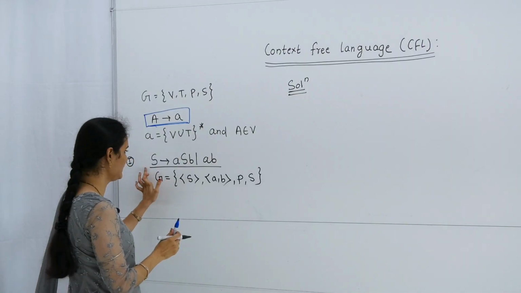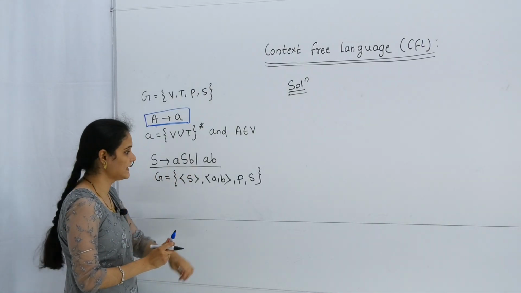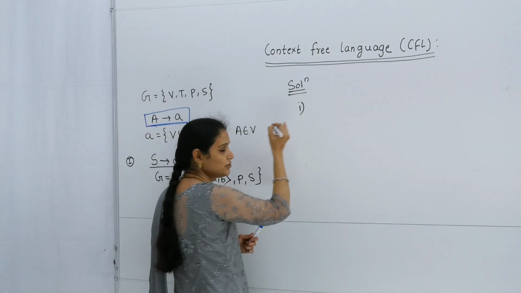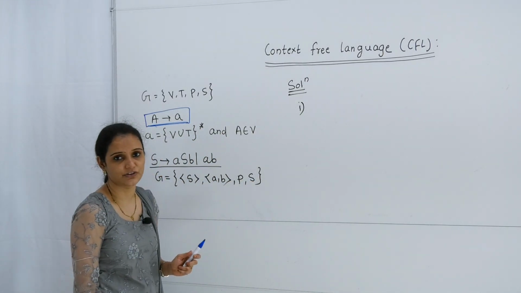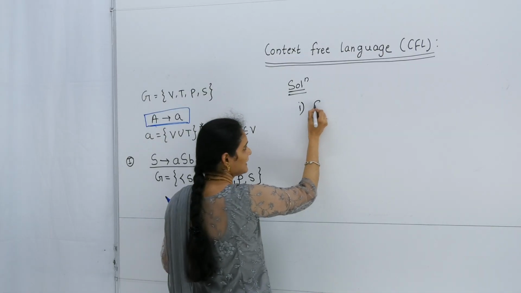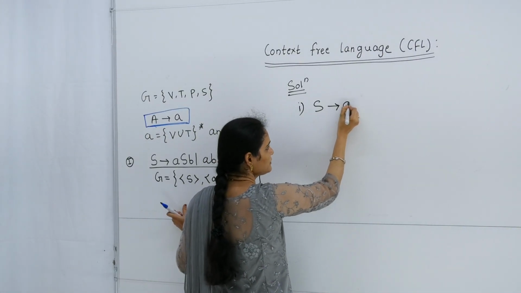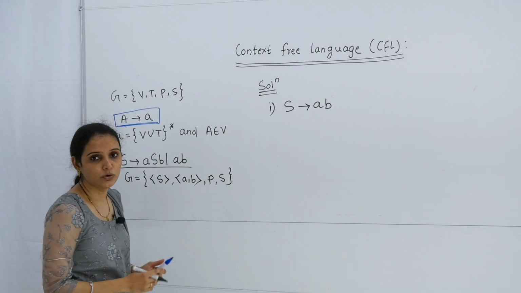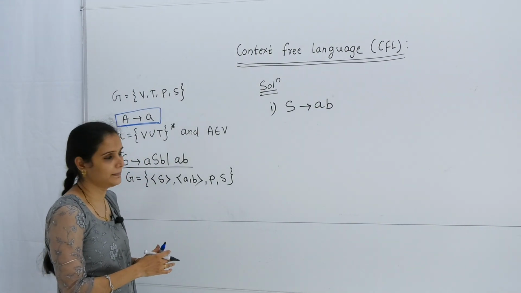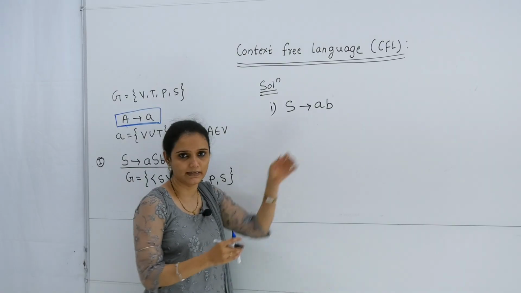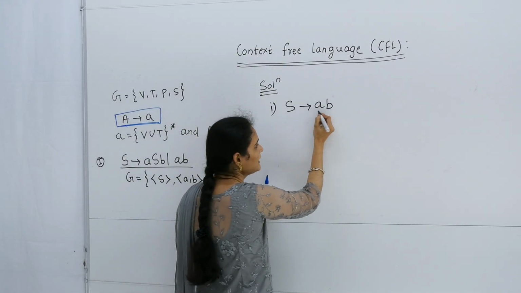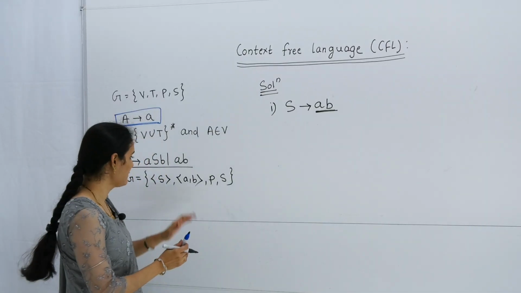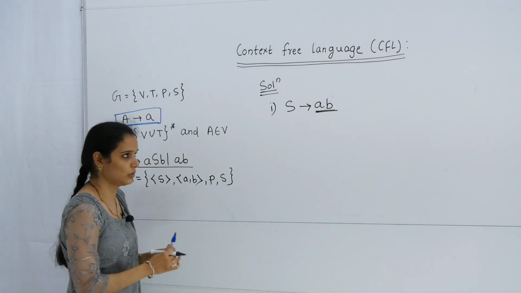So S produces SBA and S produces AB. The first task is to generate the minimum length string. If we directly use S produces AB, there is no need to replace a non-terminal because it is a string of terminals. So that is the first minimum length string which can be generated by using these production rules.